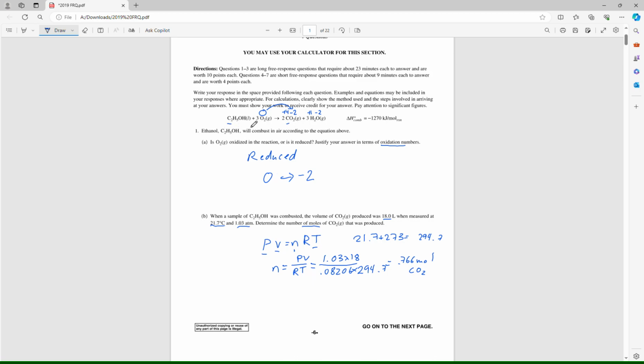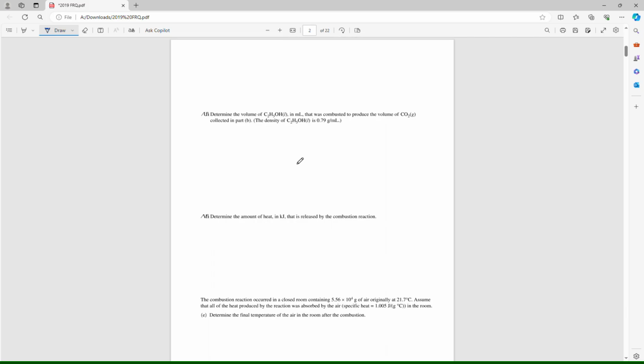You can see that for every 1 C2H5OH, we make 2 CO2s. So we could set it up. Oh, and then in B, we just found the moles of CO2. So we could find the moles of ethanol, because we have 0.766 CO2. For every 2 CO2, we make 1 ethanol, 1 C2H5OH.